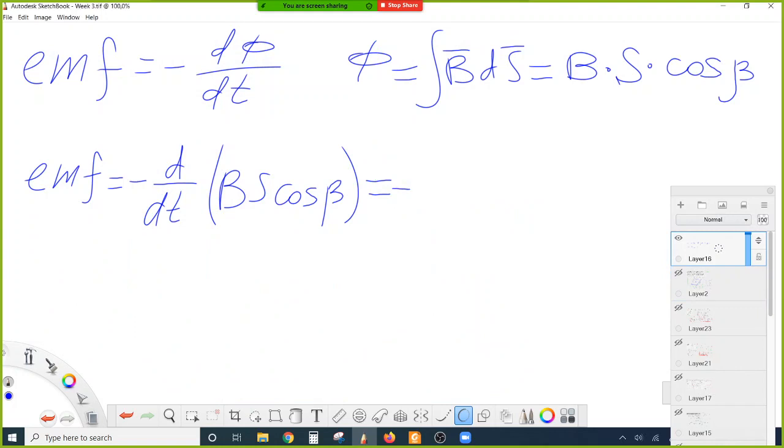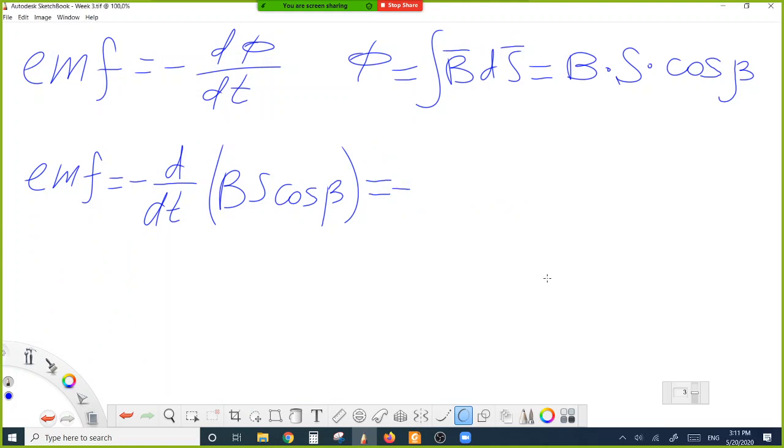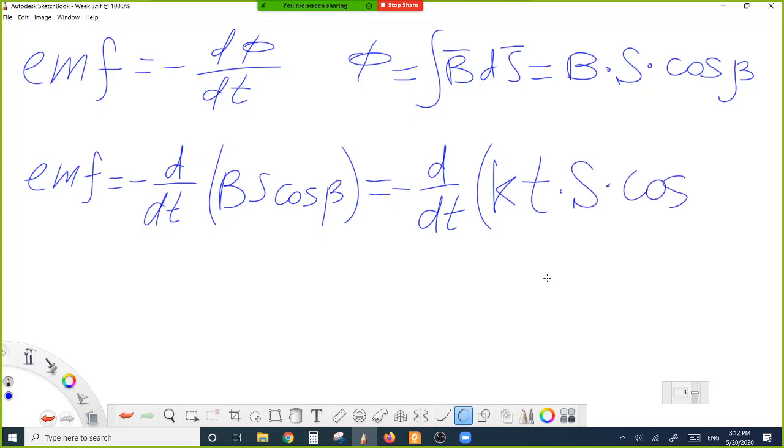So minus d over dt of k multiplied by t multiplied by S multiplied by cosine beta.